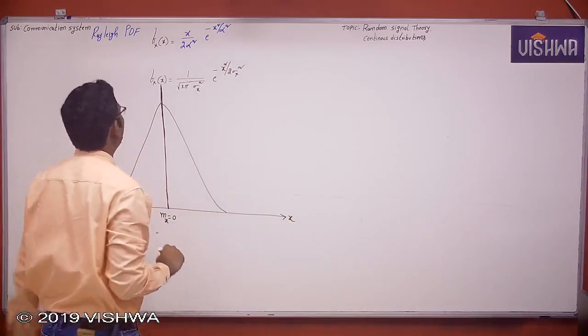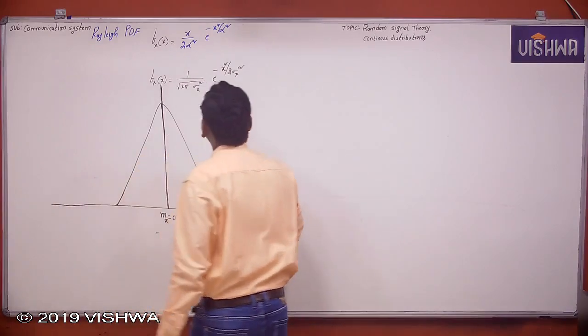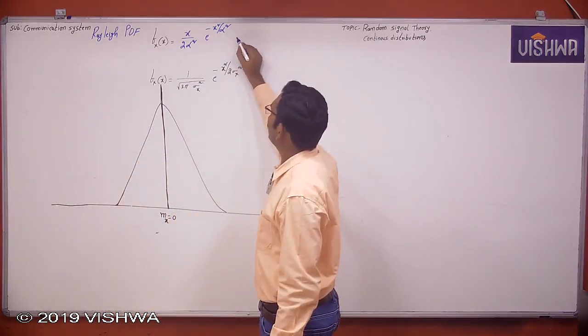Now the Rayleigh distribution is similar to the Gaussian distribution but only for positive values of x.